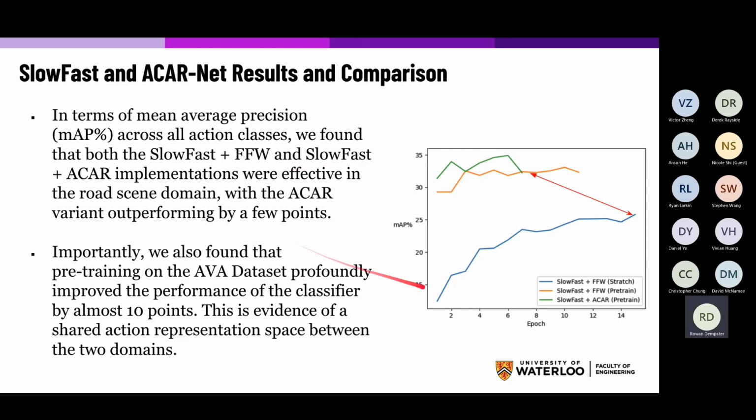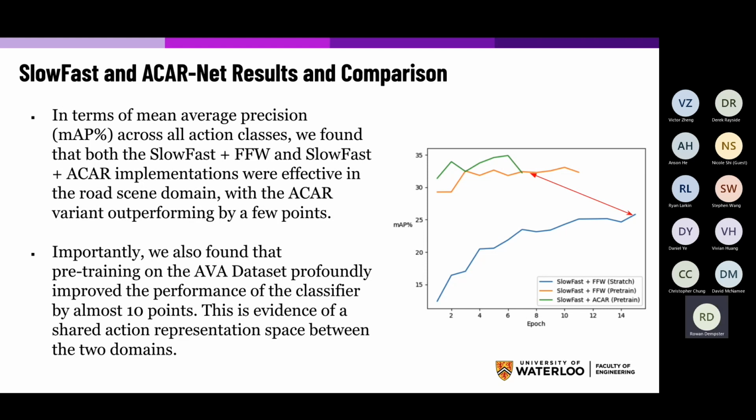So if you see here, at the very beginning of the graph, this is our performance after doing one epoch or one run through the data set. We'd already come very close to our final top performance. So yeah, basically there was a lot of knowledge that was able to be transferred between the human action domain and the road domain, so much so that there wasn't much more to be learned, basically, about actions in the road domain.